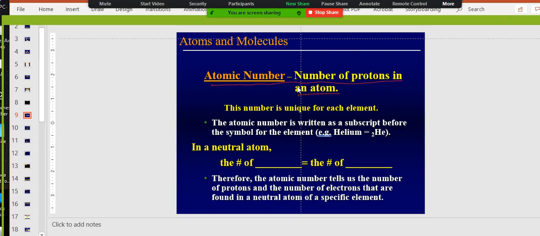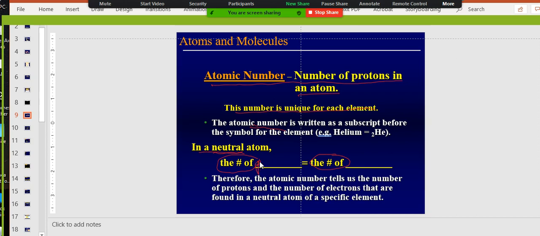So the number is unique for each element, and I think you've seen that. The atomic number is written as a subscript before the symbol, and in a neutral atom, the number of what equals the number of what? So electrically neutral. Protons equals electrons.